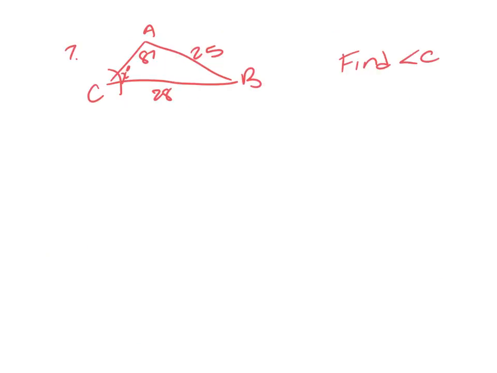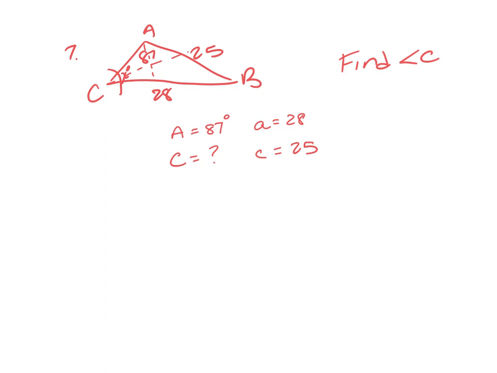So here I have big A is 87 degrees, and little a is 28 because this goes straight across. And then I need big C, that's what they're asking for, and little c is 25 because that's straight across, okay?